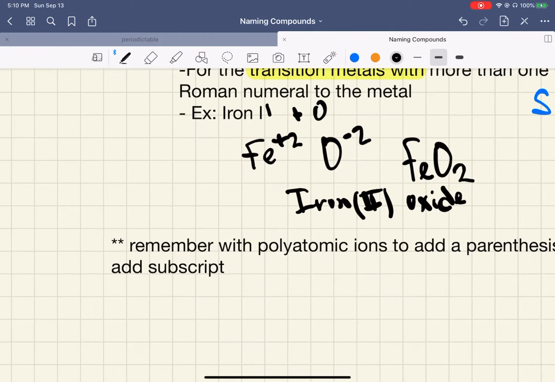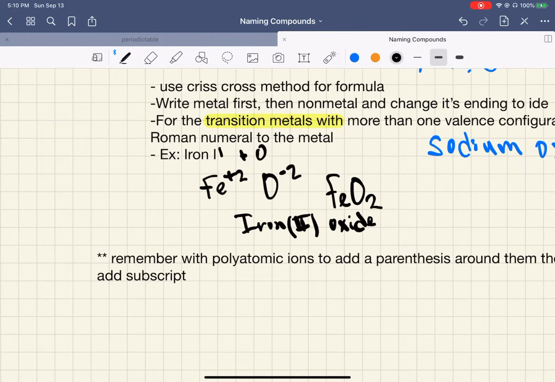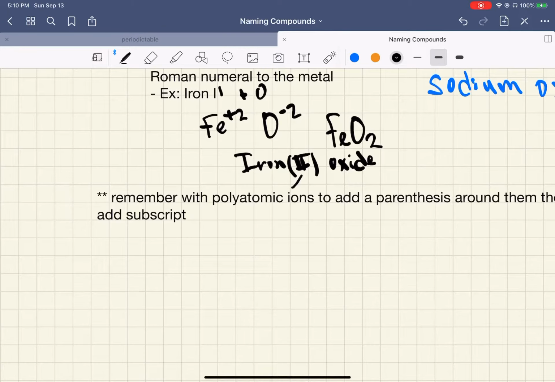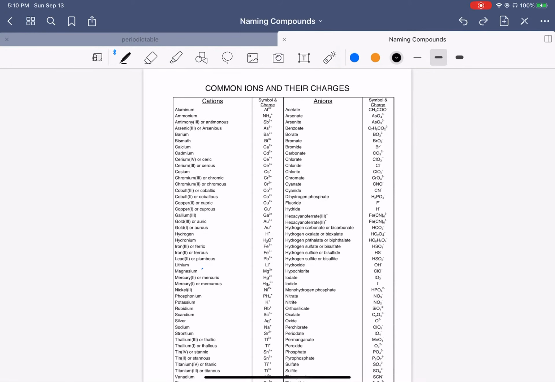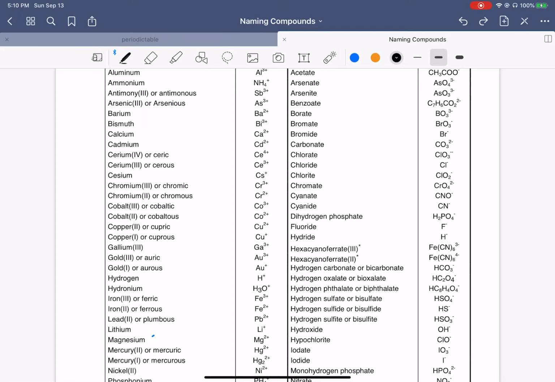A couple other rules to keep in mind, and this also goes for when we are using polyatomic ions. And polyatomic ions are going to be those that are a multi-atom group. So we have things like chlorite here. We have chlorate, carbonate here.